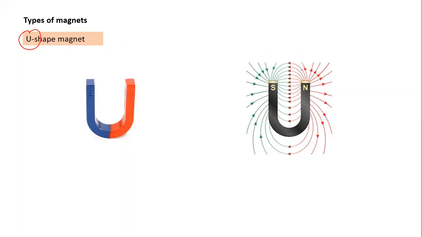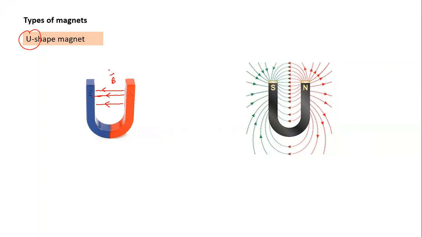This is the direction. Now here we have a certain remark regarding the U-shaped magnet, which is important and gives a certain characteristic. Between the poles, I noticed that the magnetic field is parallel to itself, and it has the same value.